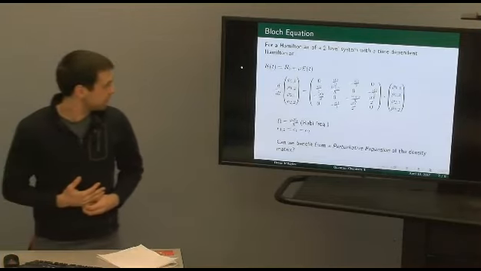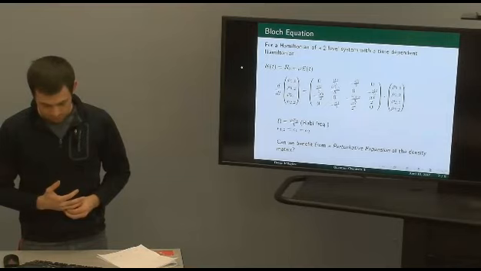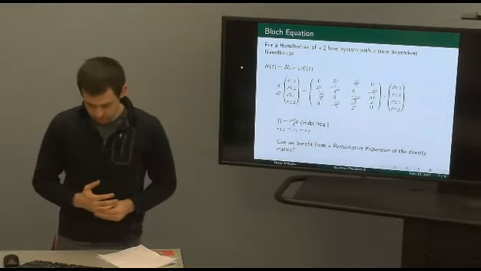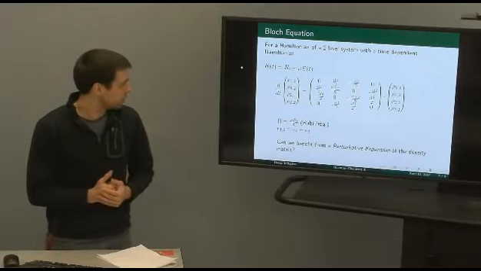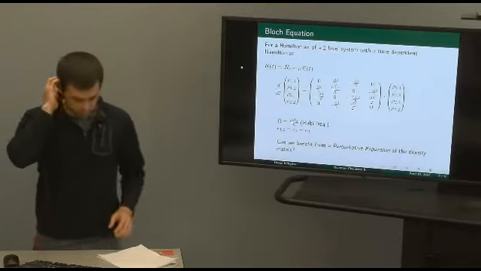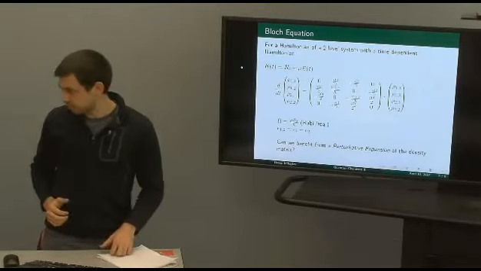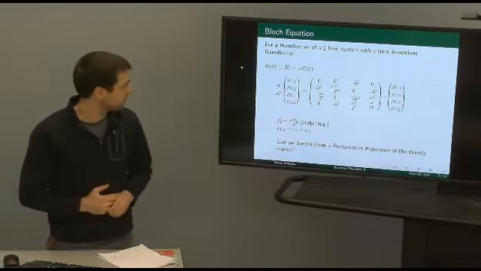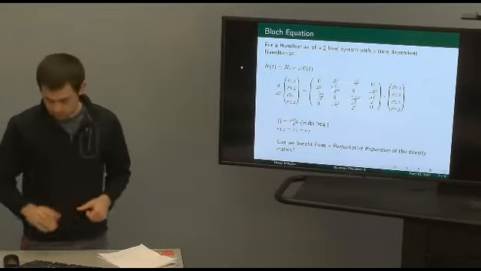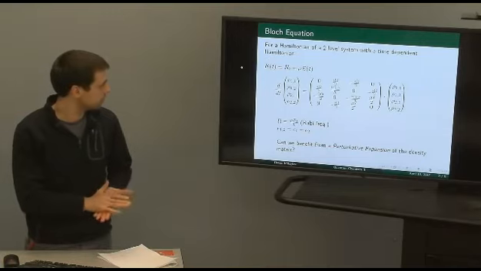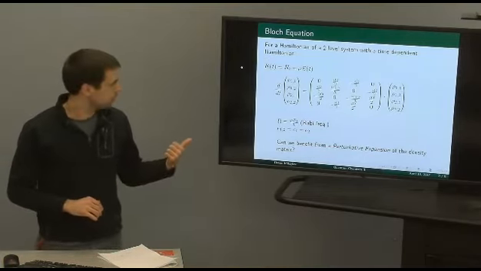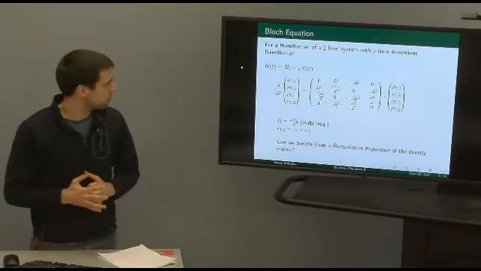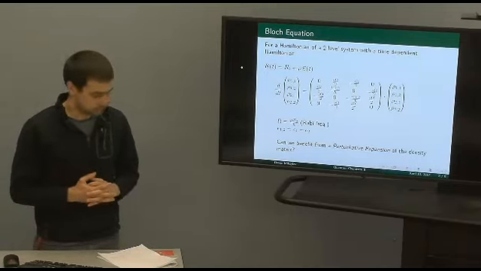I'm going to try to make a connection between what we did in class and what is done in spectroscopy measurements when people use double-sided Feynman diagrams. So in class we had what we call the Bloch equation, which is for a two-level system.